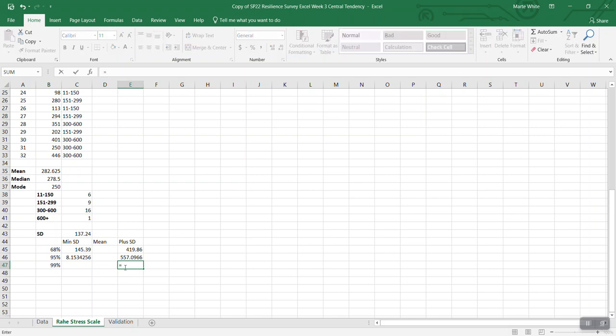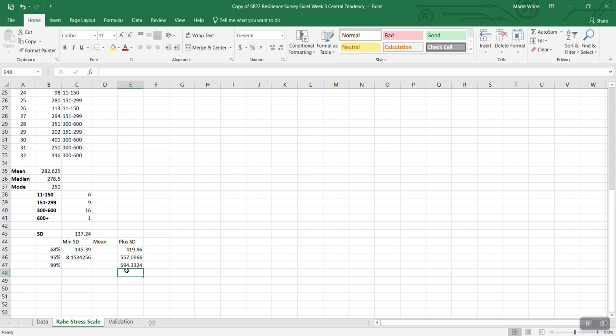So equals the mean plus, oops, got the wrong one, plus parentheses 3 times standard deviation, end parentheses, enter.